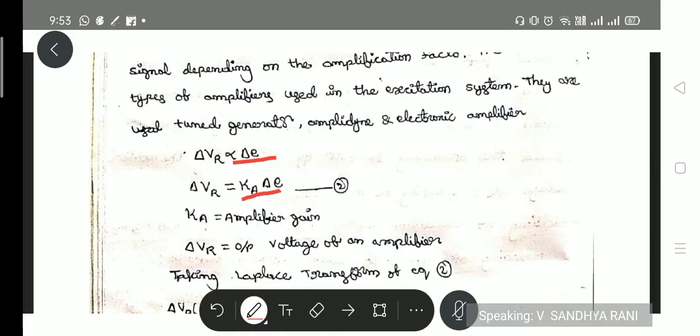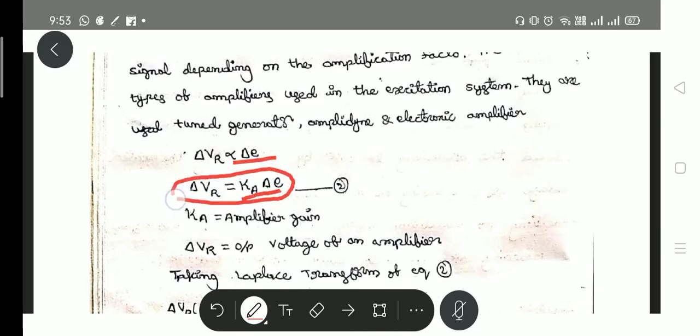Then taking the Laplace transform on both sides, Ka is a constant, so we do not apply the Laplace transform to it, only to delta E. Delta VR of S is equal to Ka into delta E of S.